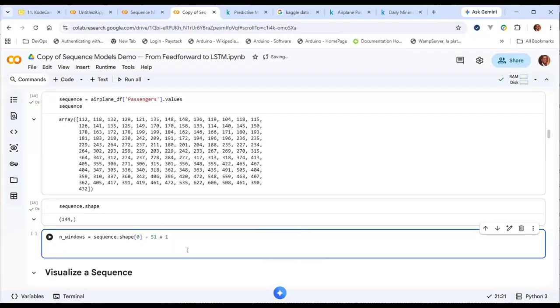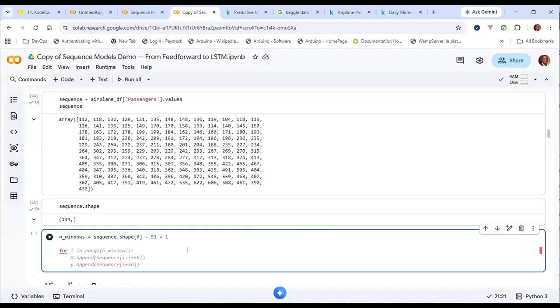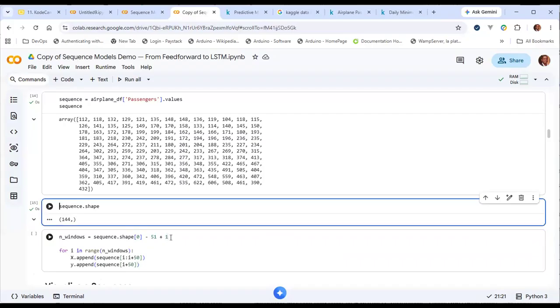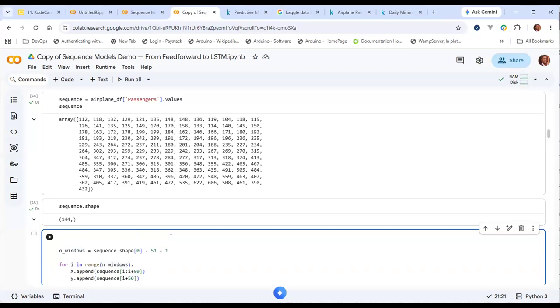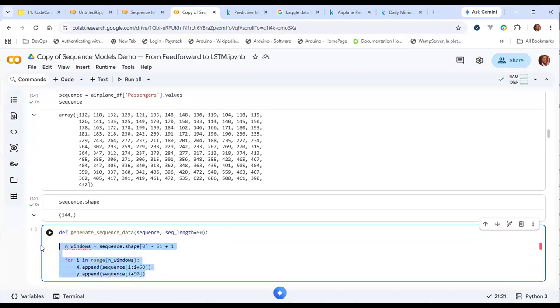So we can now do for i in the number of windows. Because of the window size, let's do a parameterization here, and let's even just turn it into a function. The function is generate_sequence_data. So this is sequence_length, which is what I was trying to do before.